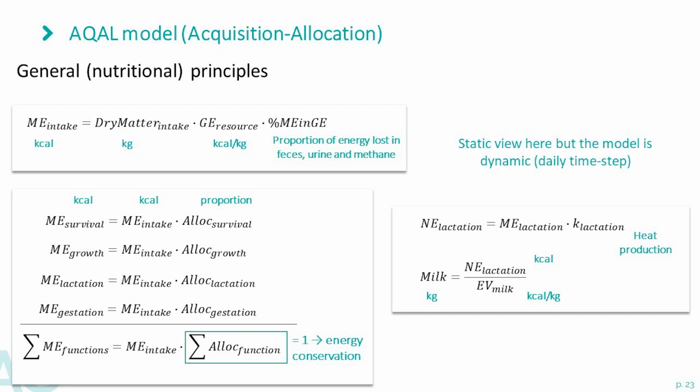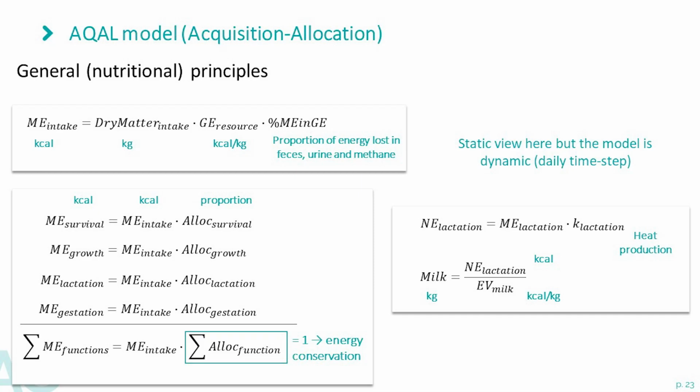So in the end, you should have energy conservation. Output equals input, so it means that these coefficients, these proportions, sum to 1. And that's my best level of mathematics for this afternoon. This is my top equation system.